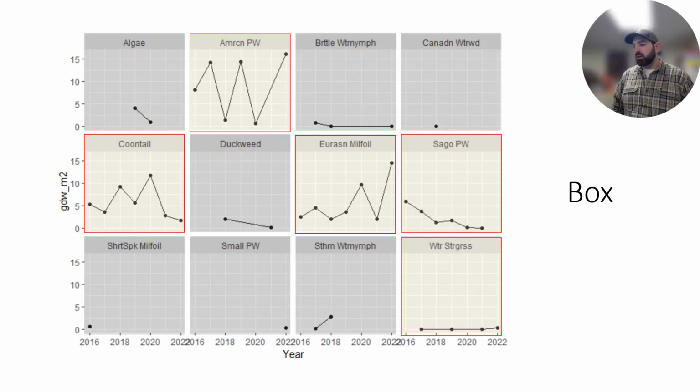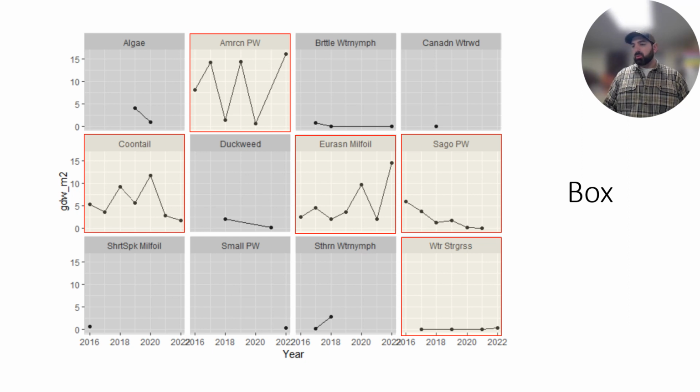Of course, we also saw taxa which were abundant, or at least present in most years, including American pondweed and sago pondweed, coontail, milfoil, and water stargrass wasn't particularly abundant, but it seemed to keep occurring in several years.